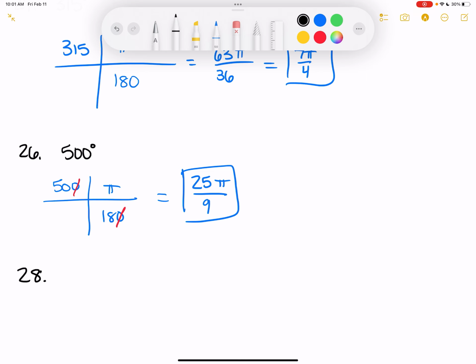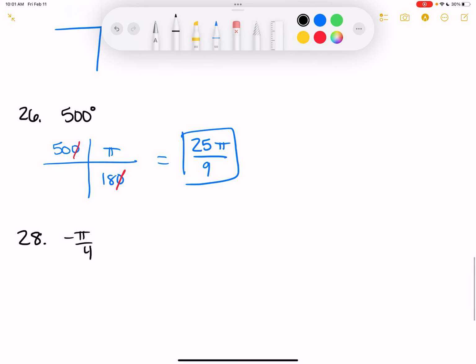So 28 is negative pi over 4. I'm going radians to degrees, so I'm using 180 over pi this time, because I want degrees on top. So negative pi over 4, and then 180 over pi.